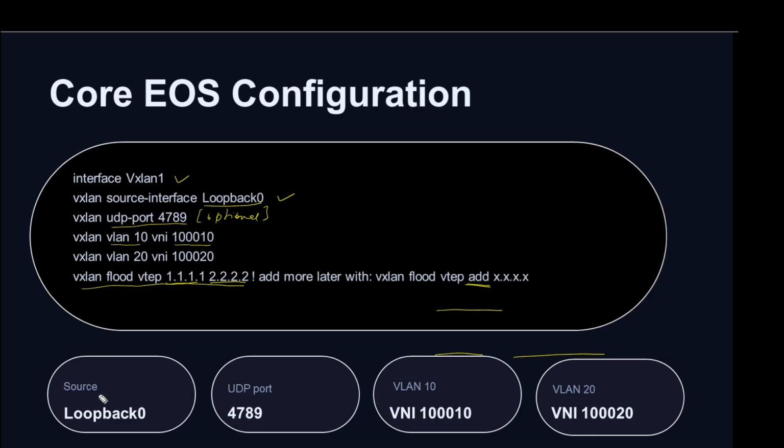The key components of the configuration above are the loopback 0 interface, or whichever source interface you would be using for the VXLAN tunnel interface, and then the optional UDP port command. Then we have the VLAN to VNI mapping, which must match on the participating leaf switches.